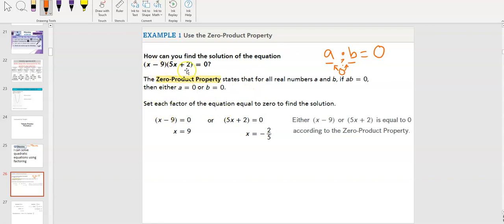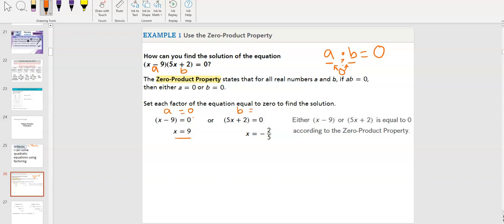So down here is our example. Here is our equation. If I set either of these products to 0 and solve, then that is the answer to this quadratic equation. So this could be A and this is B. As long as one of those is 0, I know that I have a solution. So if I make A equal to 0 and solve, I get x is 9.